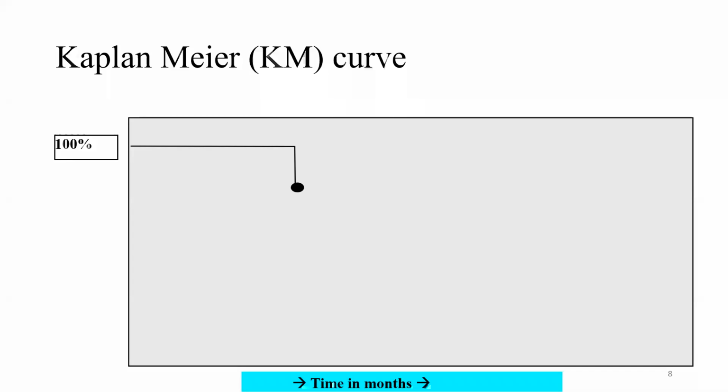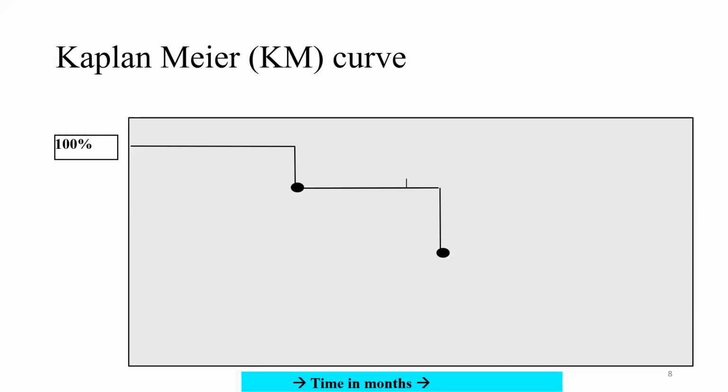So there is one step drop in the survivorship function. And we have one censoring event between this and the next event. We will not change the survivorship function when a censoring event happens, but we will account for that censoring event when we calculate the survivorship function for the next occurrence of the event.